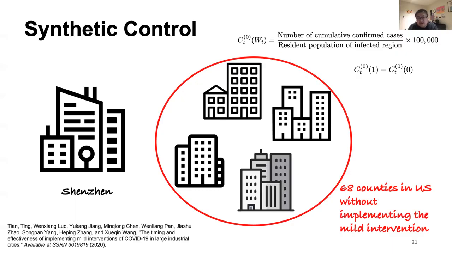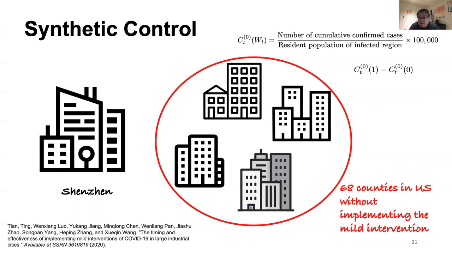And the authors use cumulative numbers of confirmed cases of COVID per 100,000 persons in the population that could be observed at time t, whether the interventions were implemented or not. Here t is the time and W_t is a group indicator. So W_t equals 1 means the NPI is implemented, and W_t equals 0 means not.